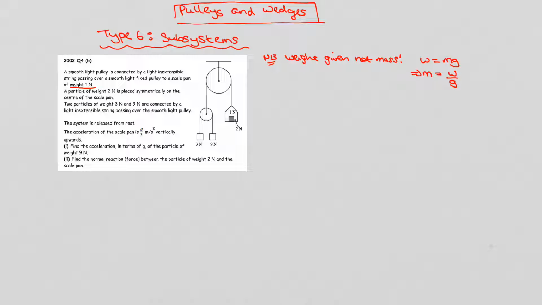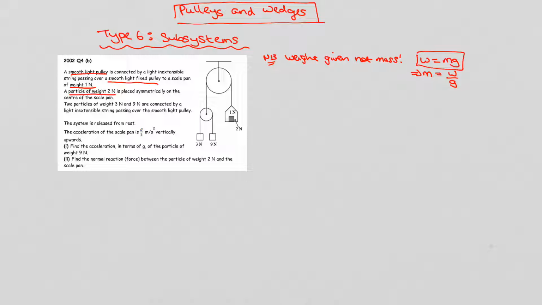Be careful about that. Again, it's a smooth pulley, no friction, and a light, inextensible string, meaning we're not going to have any bouncing here, so we're not going to have any simple harmonic motion. We then have a particle of weight 2 newtons placed symmetrically on the centre of the scale pan. Again, everything is given in newtons.